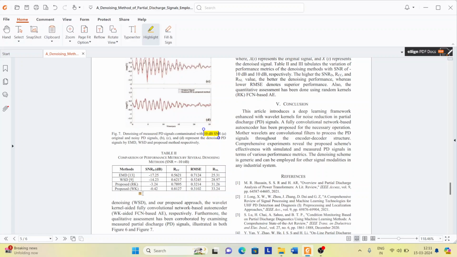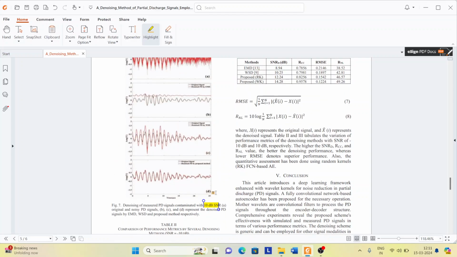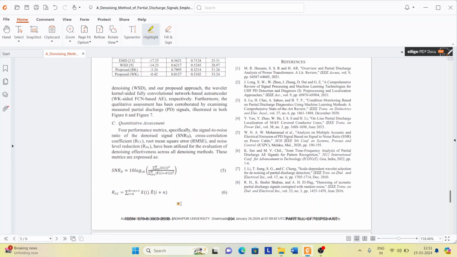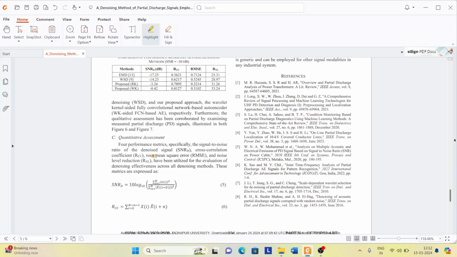EMD is what we have taken as reference, and this is the SNR value that we are getting here. But in our method, the SNR is getting improved. The first one, DSNR, stands for the signal to noise ratio. It is written here.